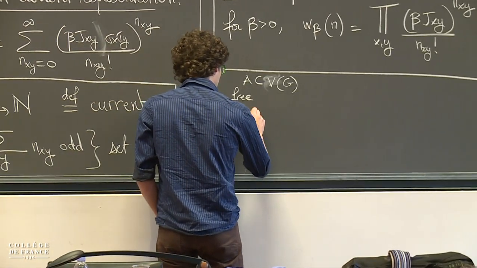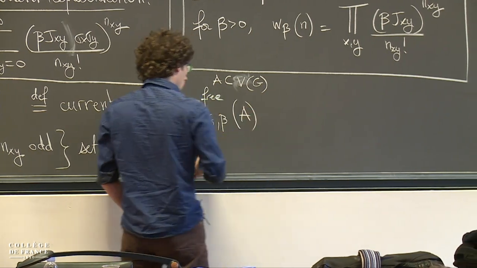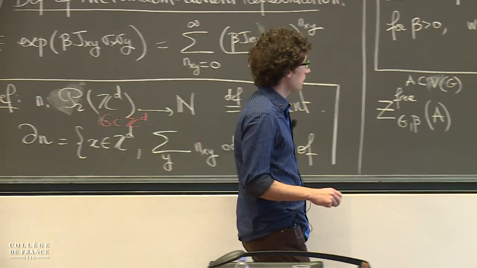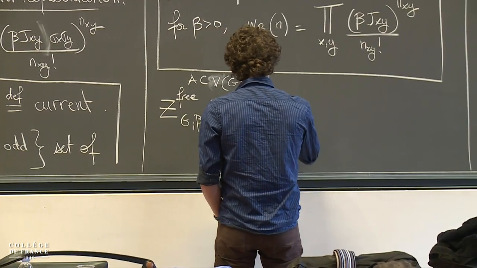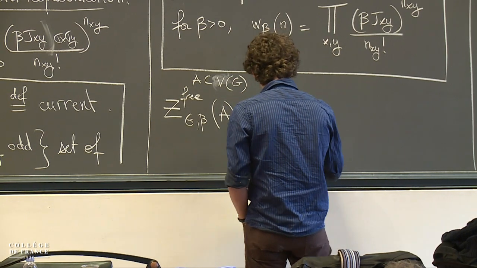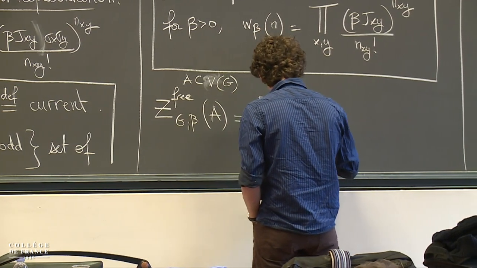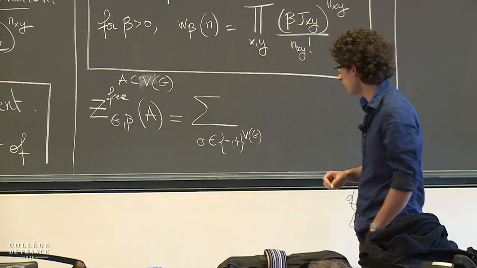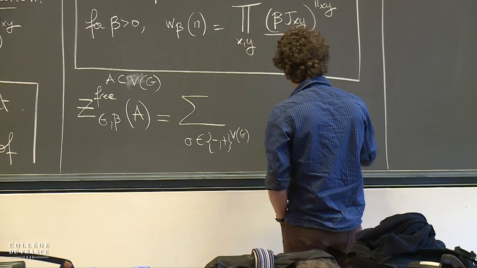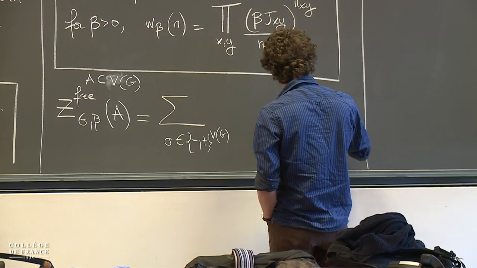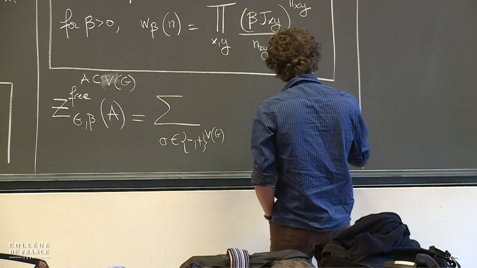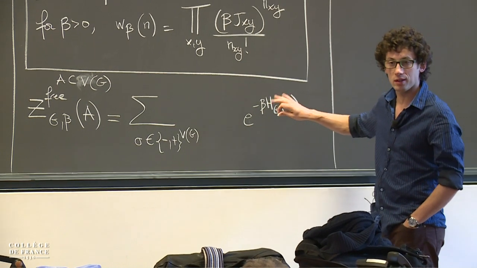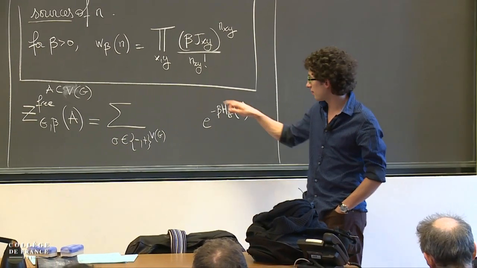I'm going to define the partition function with A like that as the sum over every sigma in minus plus to the V of G. So I sum over every configuration, I'm going to sum the exponential of minus beta times the Hamiltonian. So this is just a partition function, right? I'm summing all the weights of my configuration.